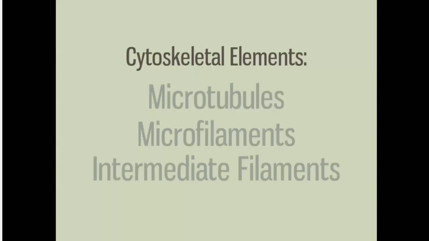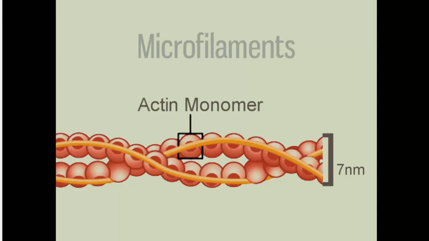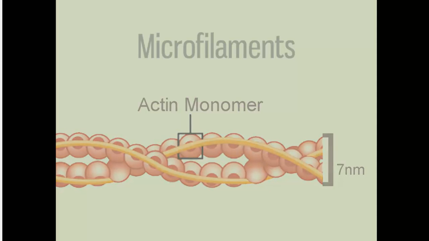The second major type of cytoskeletal structures are called microfilaments. The smallest kind, they are composed of two intertwined strands of actin polymers, each made up of many individual actin monomers. Like all cytoskeletal elements, they help to maintain cell shape, but microfilaments are also key to changing cell shape.